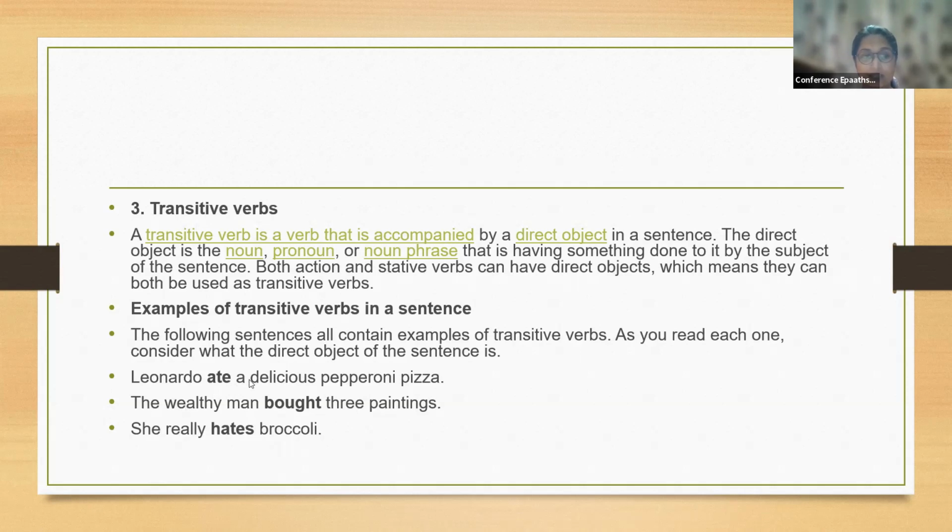Leonardo is the subject, and ate a delicious pizza. So what is the object here? Pizza. So I'm marking it here. This is the subject. This is the verb. And this is the object.